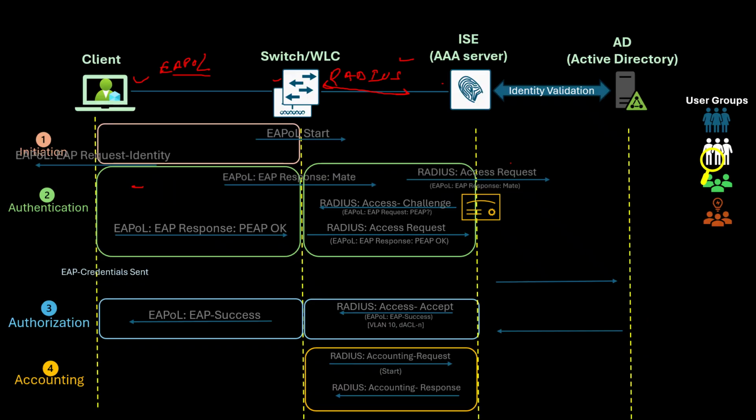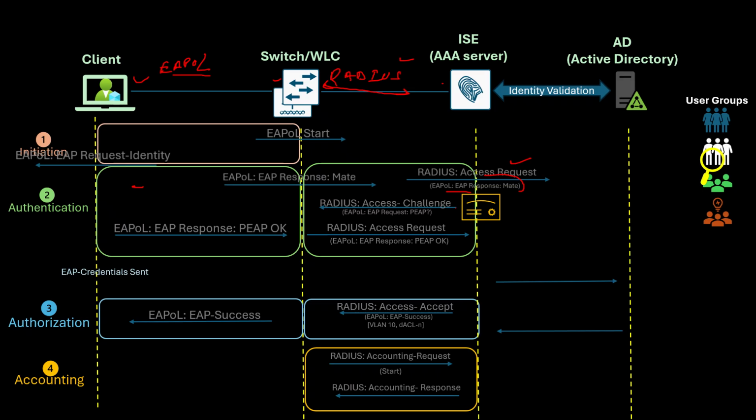Here the first packet was received by the ISE server, the AAA server, and when it sees the access request coming from this user, it will send a challenge, because this is the first packet received for network access. So ISE will first negotiate with the client before taking any further actions.